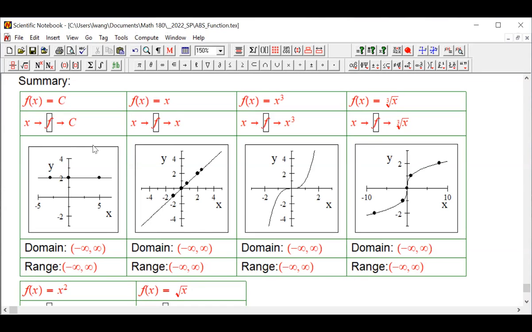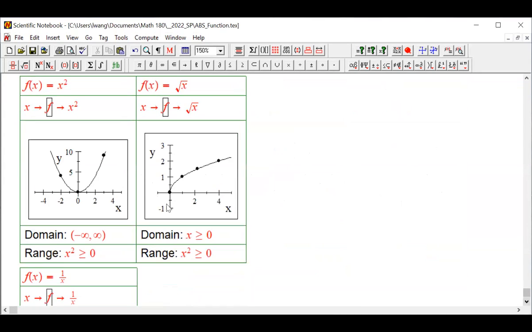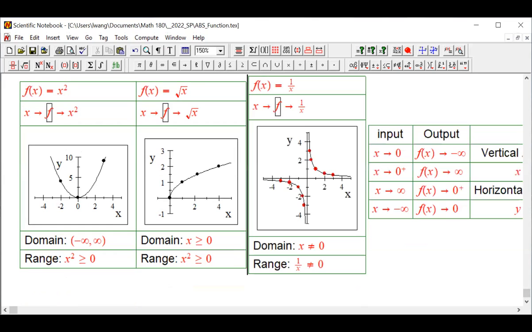And we have a constant function, this function, f of x equals x to the power 3, x, cubic root. Okay, and the square function, root function, and we also have this reciprocal function, right?